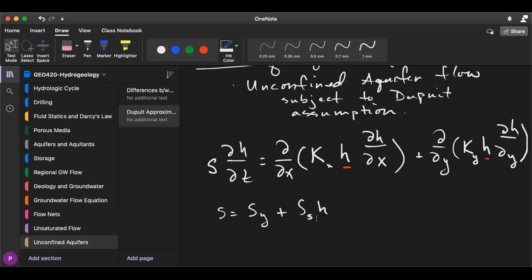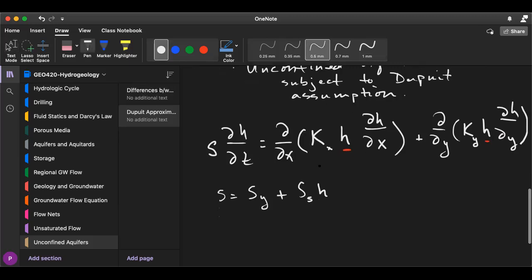There's one more simplification here that we can make, and that is by remembering that the transmissivity T is equal to K times the thickness of the aquifer, which here is H. So we can plug it in here.